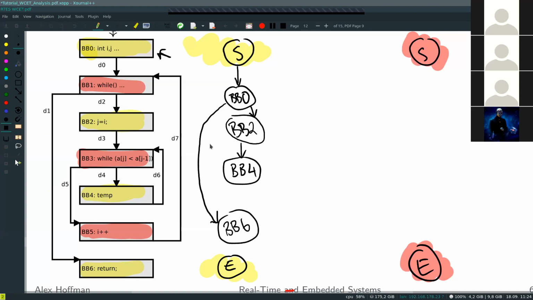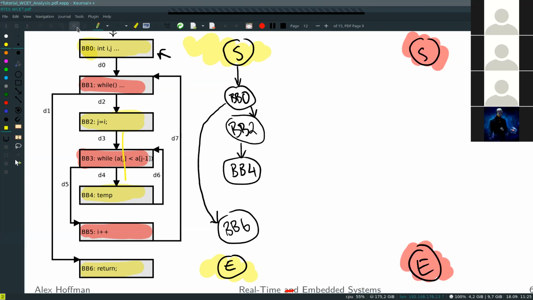So if we think about this, going back to BB2, where else can BB2 go to? I'm hoping you can see that it's pretty obvious that BB2 can just go down to BB4. But where else could I have an arrow from BB2? This is a tricky one.